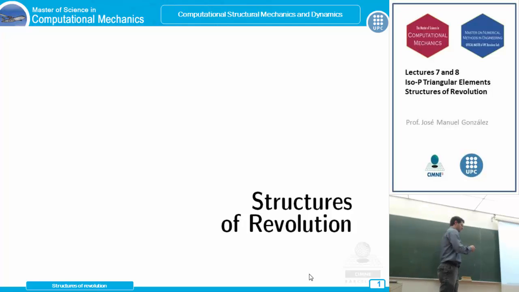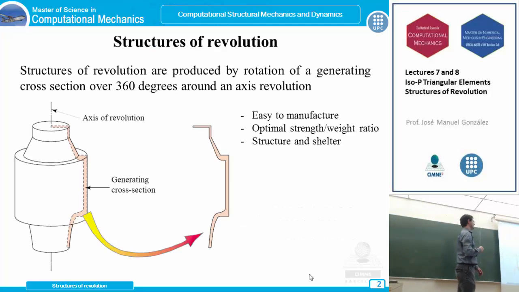So sometimes, to simplify the problem and get a good approximation of the results, we can use this axisymmetric formulation, which is in fact a two-dimensional problem. We are going to treat it as a two-dimensional problem. We're going to see that in fact it's a particular case of a plane strain problem. Okay. So let's see.